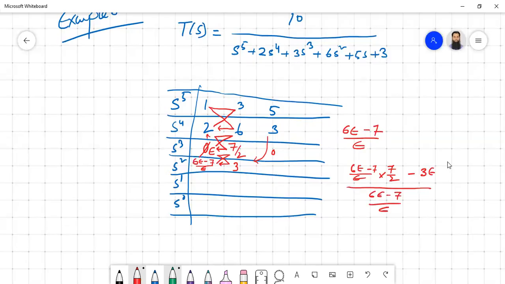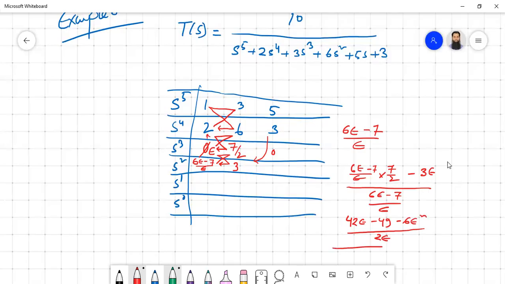If you multiply these two, we have 42 epsilon minus 49, and if you take 2 epsilon common, then minus 6 epsilon squared.